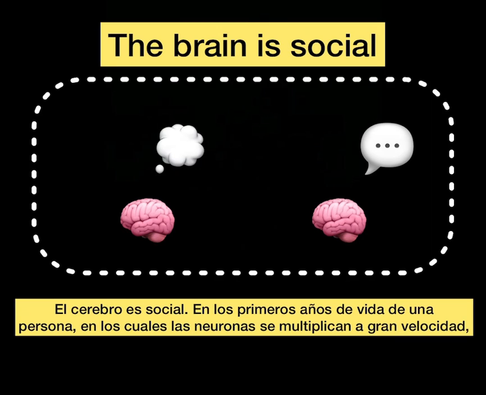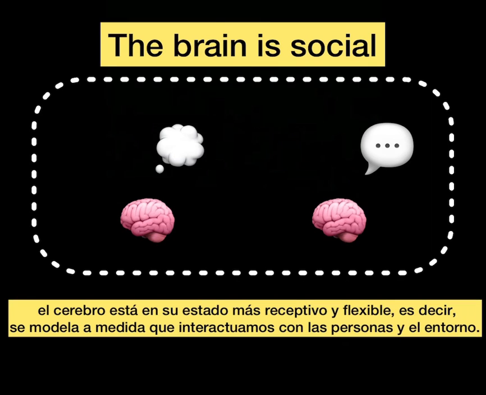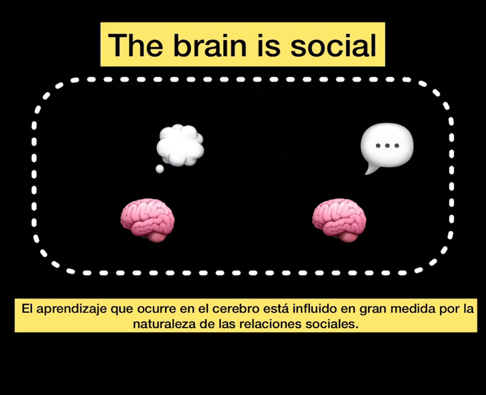In the first year of a person's life, in which neurons multiply at great speed, the brain is in its most receptive and flexible state. That is, it is shaped as we interact with people and the environment. The learning that occurs in the brain is greatly influenced by the nature of social relationships.